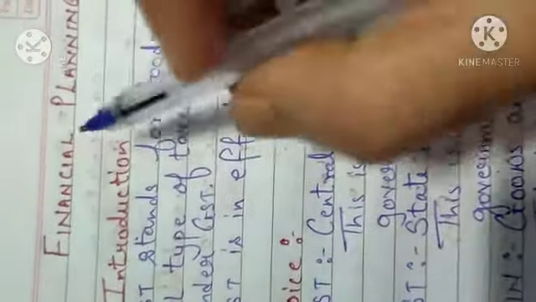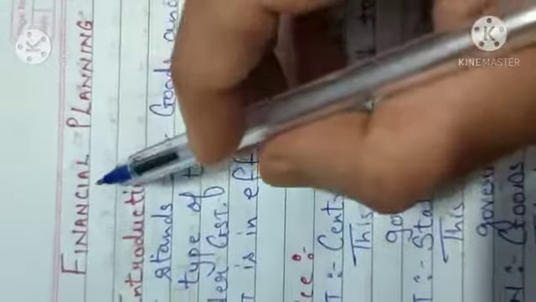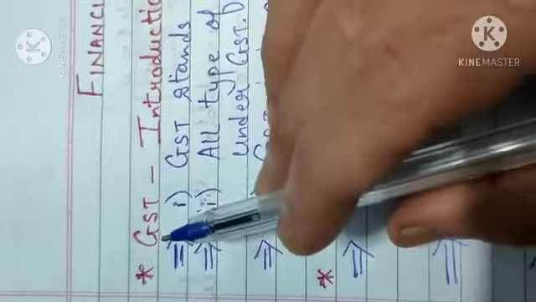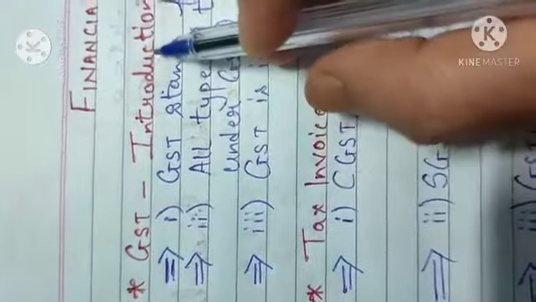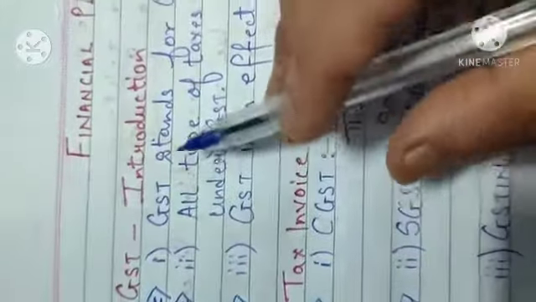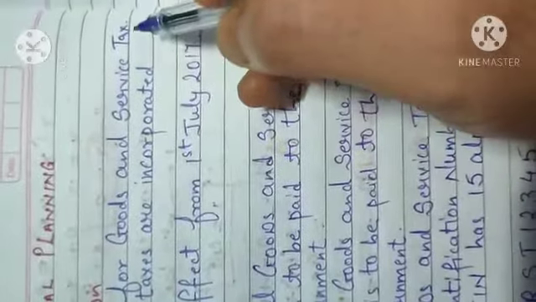Hello students, today we are going to learn financial planning. In financial planning, we are going to see the first part, that is GST introduction. GST stands for Goods and Service Tax.